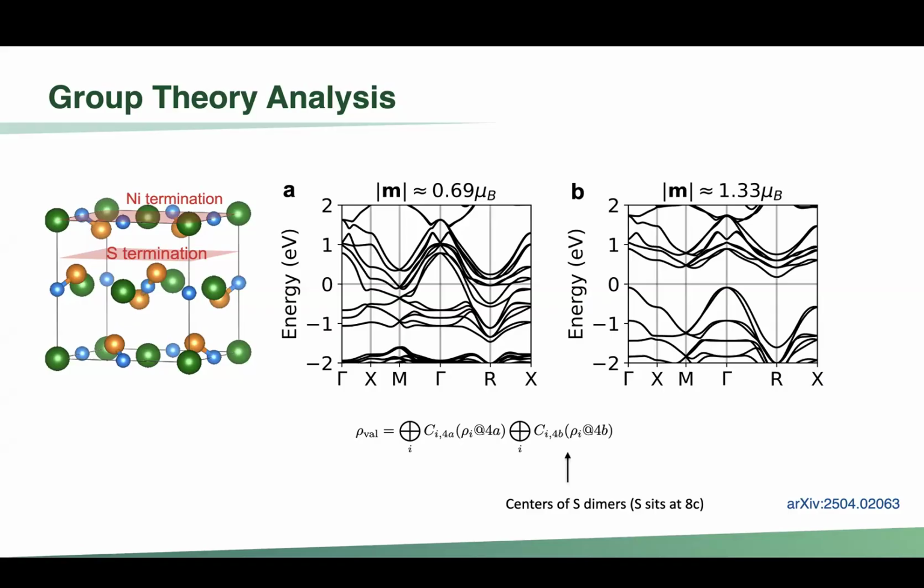So this is actually the obstructed atomic limit. This is the reason why they were measuring the hinge state at the step edges. I see. And this can be predicted with theory.